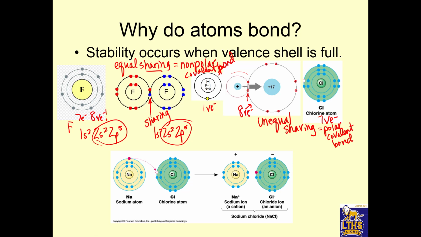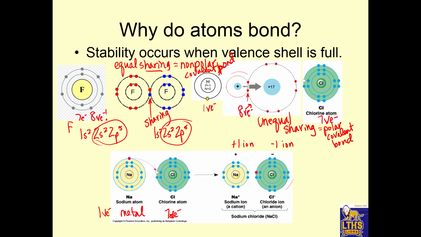Down here, what happens? Well, here's sodium. It only has 1 outer electron. It's a metal. Right? Here's chlorine again. We used chlorine up here, but now we're using chlorine over here. Sodium has 1 valence electron. Chlorine has 7 valence electrons. How can these atoms work together? Well, if sodium transfers its 1 outer electron to chlorine, sodium becomes a +1 ion, chlorine becomes a -1 ion, but now chlorine has a full outer shell, and sodium's inner shell is full.